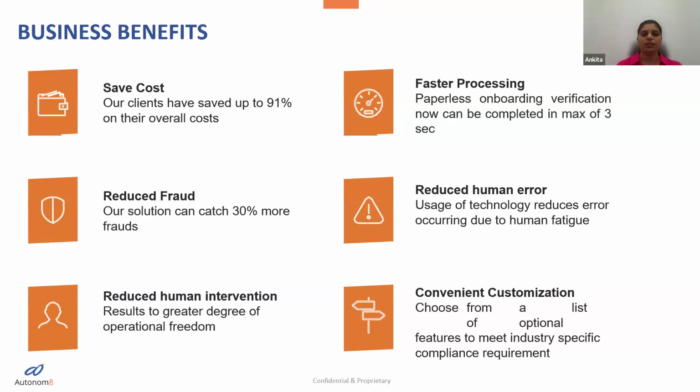With lesser human intervention, risk of errors was reduced. Speed is a hallmark for us because on paperless onboarding process verification, we have seen that we could complete the verification process from a minimum of 3 seconds to a maximum of 5 minutes, depending on the type of verification process we choose.